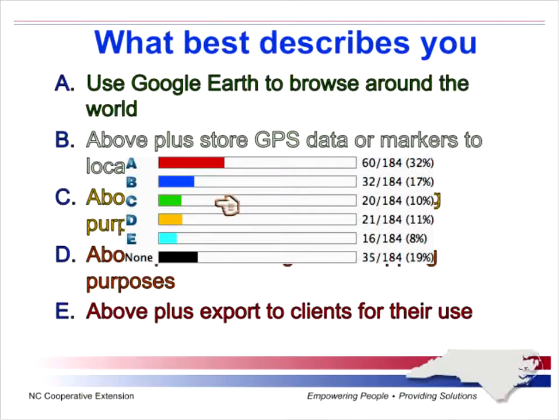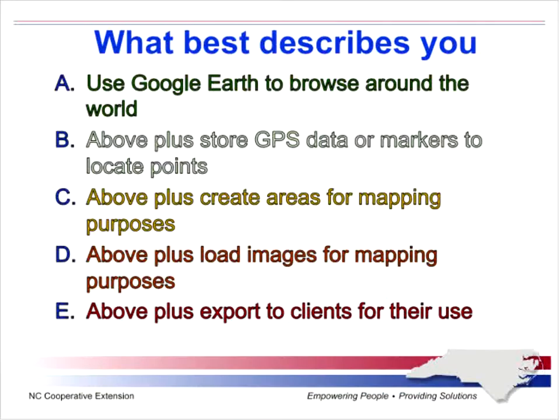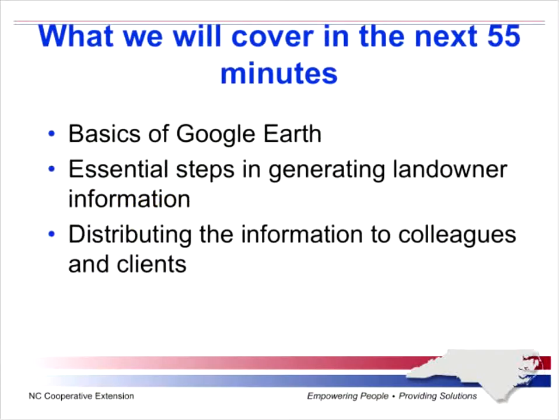You can use it for some general mapping purposes, and loading images for mapping purposes. And you can store all this information in a really nice, clean format that you can export out to clients and to other folks so that you can pass on your information to them.